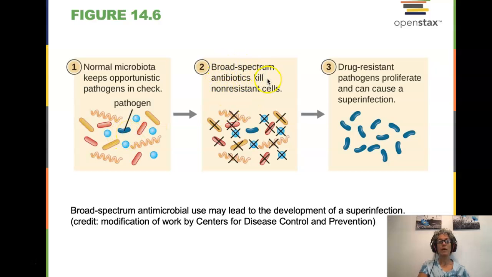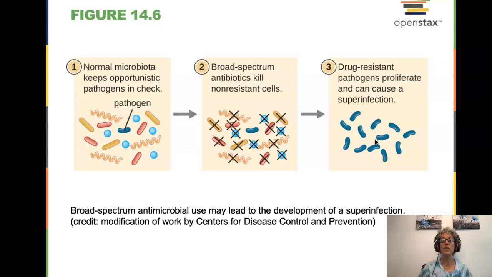A broad spectrum antibiotic will kill everything that's sensitive to it, and if this one little pathogen happened to be resistant, now there is no competition in its environment, and all of the food, all of the space, all of the water is there for this drug-resistant microbe to take over.